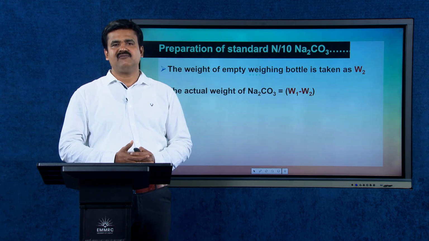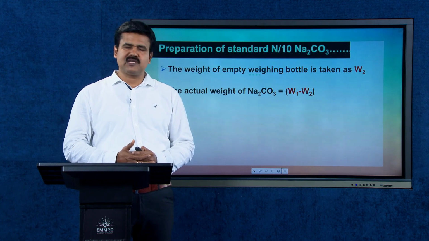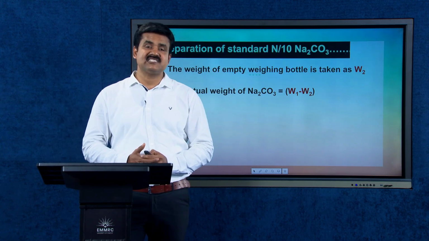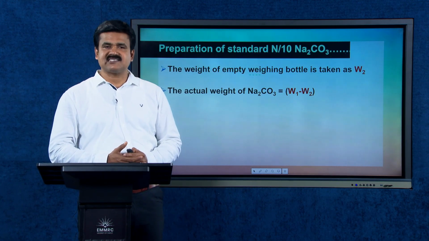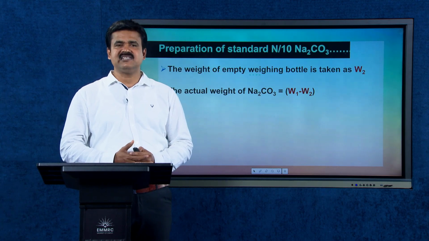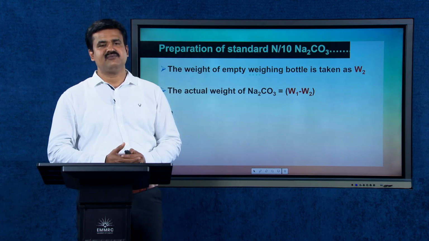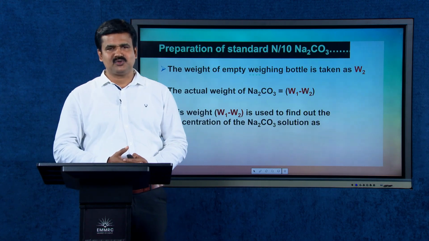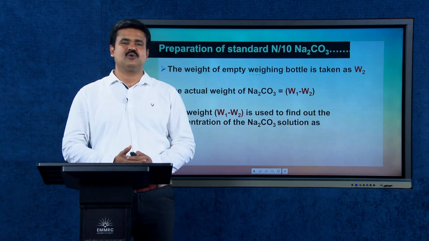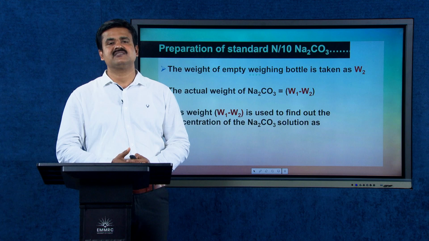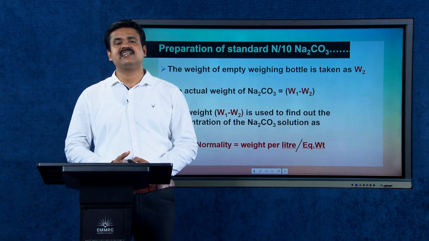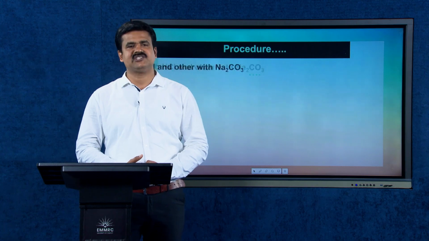Empty bottle weight is W2, bottle plus substance weight is W1. So, the difference W1 minus W2 will give the exact weight of sodium carbonate transferred to the standard flask. This weight is used to find the concentration of the sodium carbonate solution as normality equals weight per liter divided by equivalent weight.